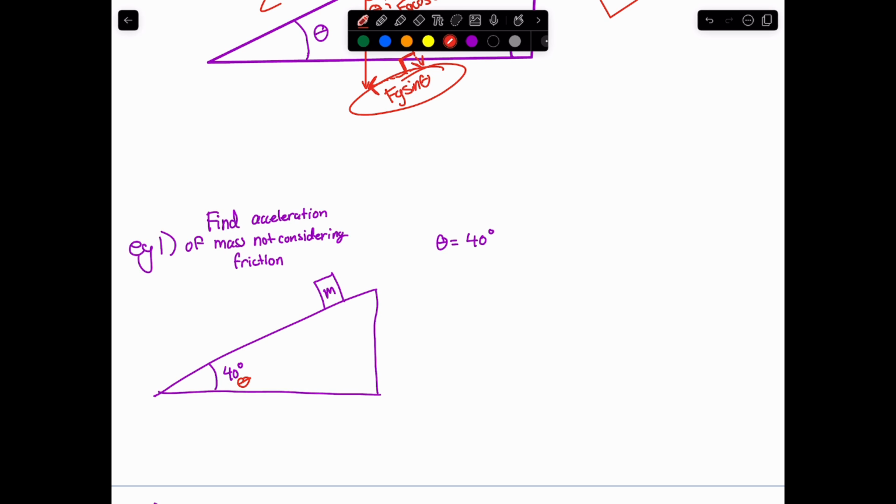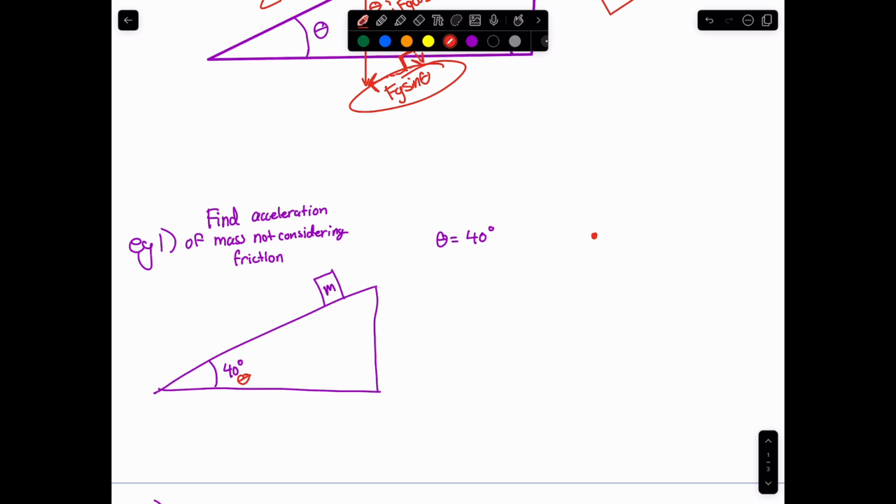Well, with any system that we don't really know where to start, we should do an FBD. And the FBD that we should do is of the block M. So what's working on block M? Similar to what we were talking about earlier, we have an FG and an FN going this way.